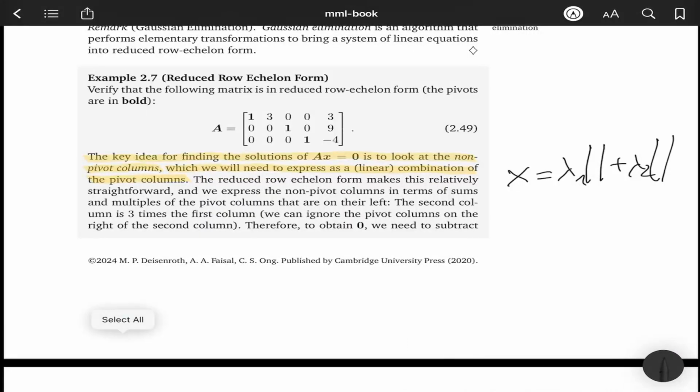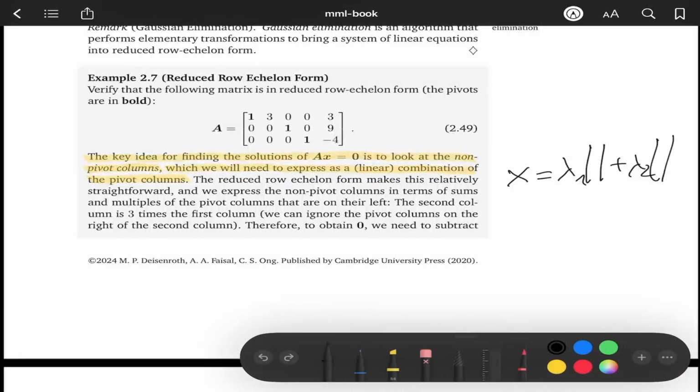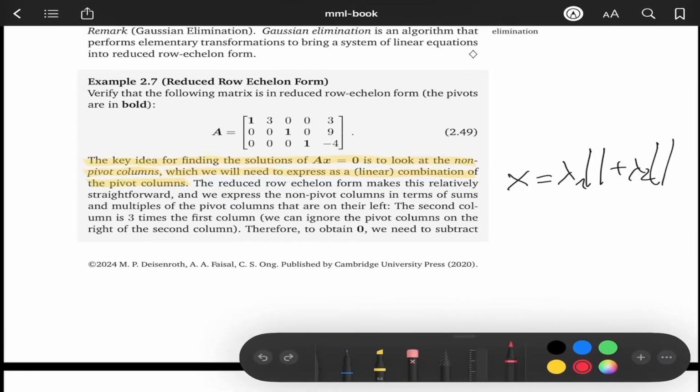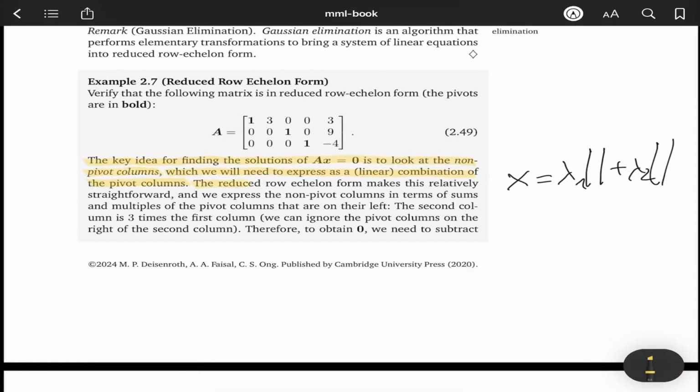And we know that it's only 2 lambdas because we have two non-pivot columns. So, okay, they say the reduced row echelon form makes this relatively straightforward, and we express the non-pivot columns in terms of sums and multipliers of the pivot columns that are on their left.